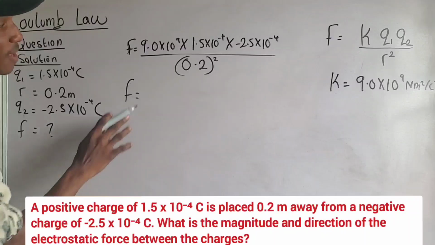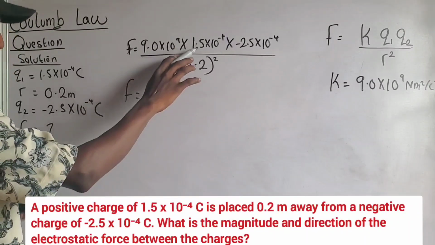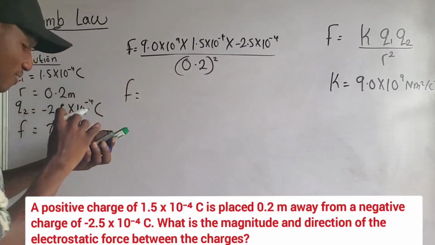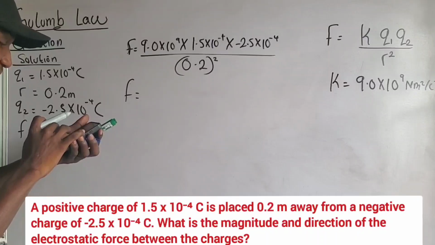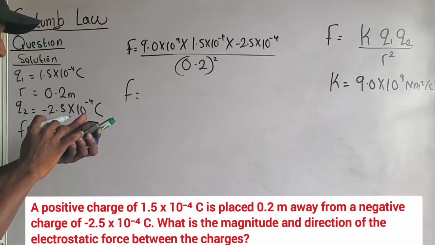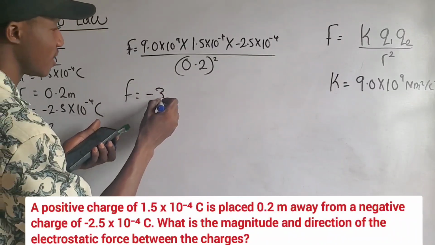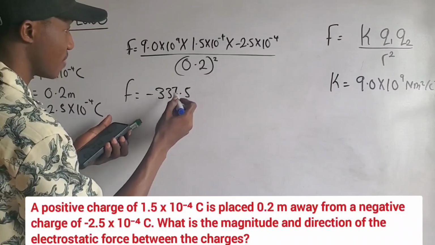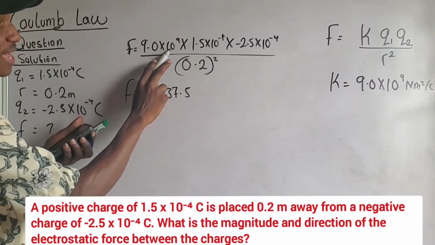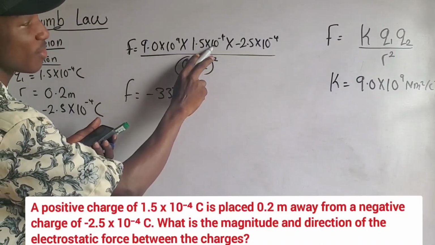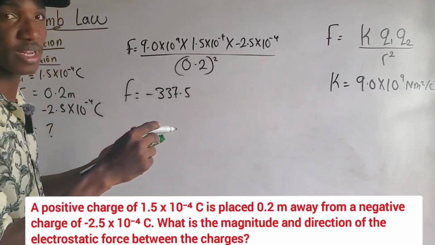9.0 times 1.5 times negative 2.5 is negative 337.5. So I'm going to have negative 337.5. Now you are still going to take the product of 10 raised to the power of 9, 10 raised to the power of negative 4, and 10 raised to the power of negative 4.